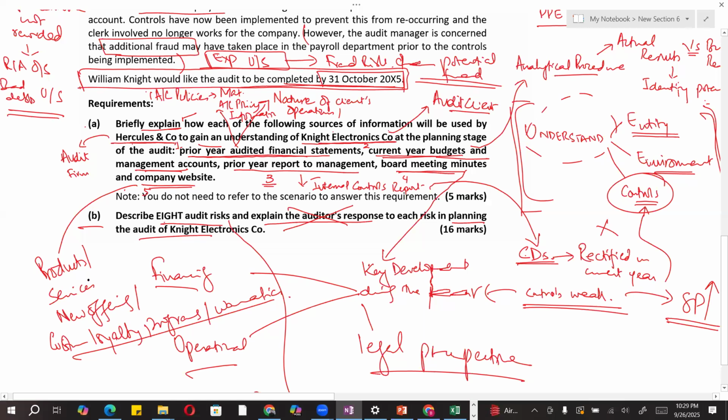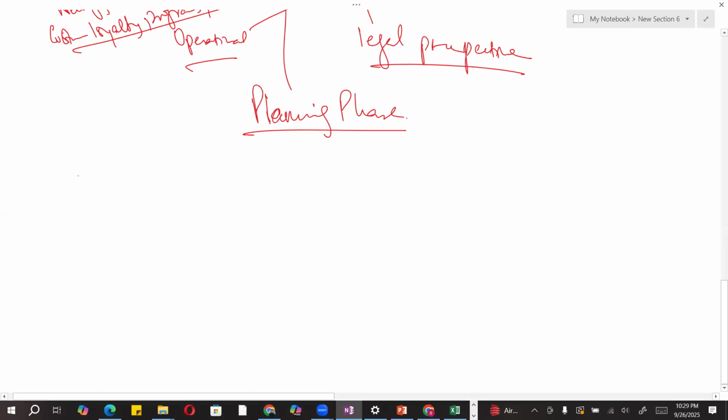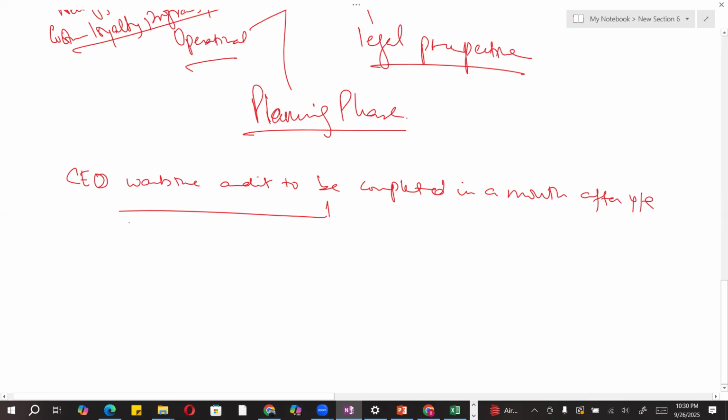If the CEO wants the audit to be completed in a month after year end, why is that problematic? It is problematic from two perspectives. Firstly, this would put pressure on the accounts team to finalize financial statements in a hurry.